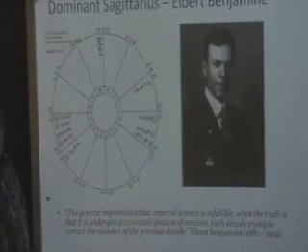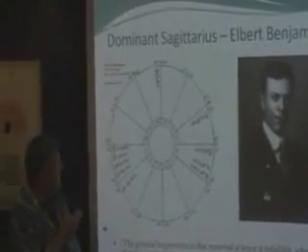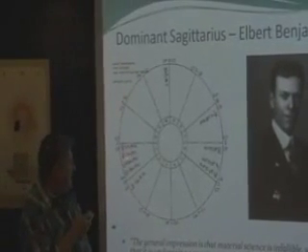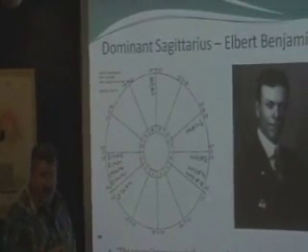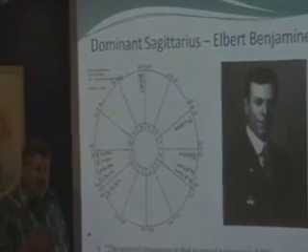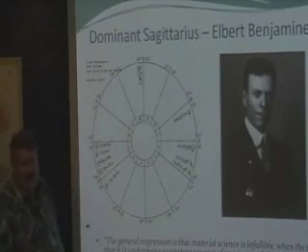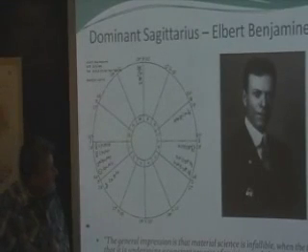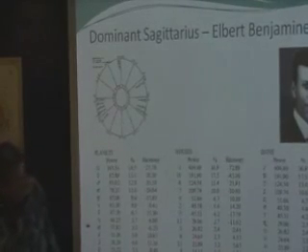So, Albert Benjamin: Sag rising, Venus in Sagittarius, Mercury in Sagittarius, Mars in Sagittarius, Sun in Sagittarius. Talk about long-winded. Some of his sentences take up an entire paragraph. All in the first house with an empty ninth house.